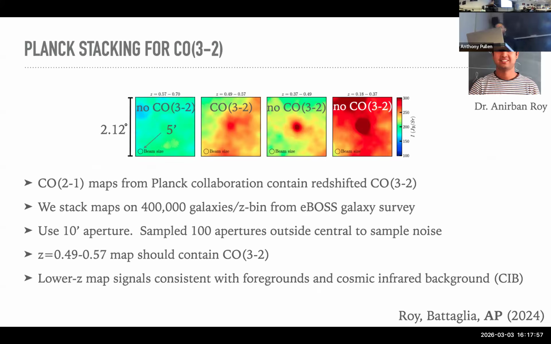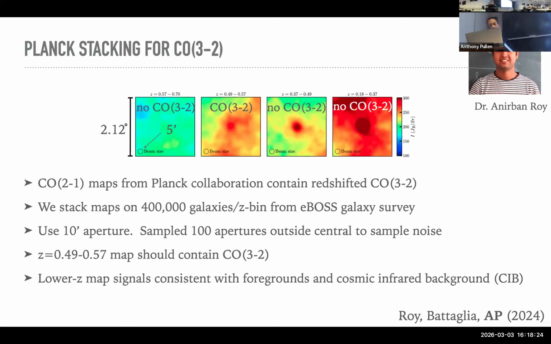He stacked 400,000 galaxies per redshift bin, where the galaxies were divided into these 4 redshift bins, using galaxies from the eBOSS survey. eBOSS is the third generation Sloan Digital Sky Survey, and we basically used the luminous red galaxy sample.